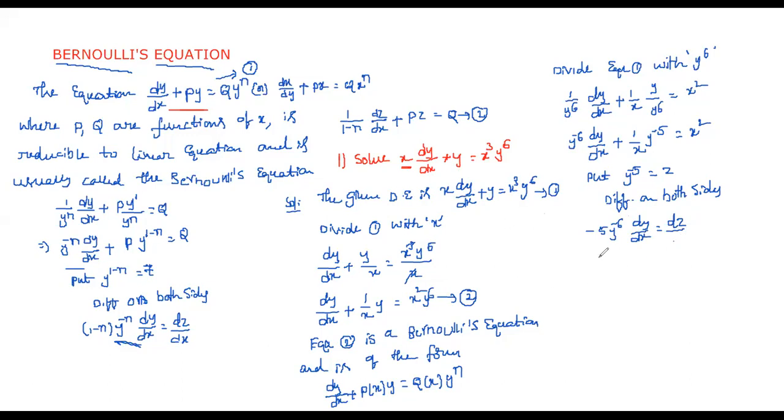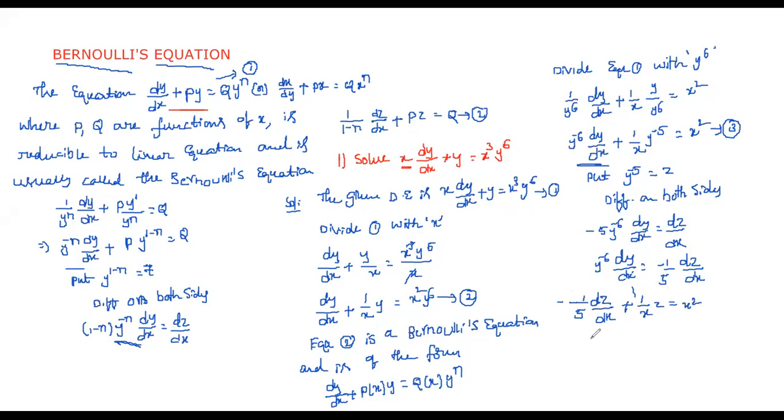So y power minus 6 dy by dx is equal to minus 1 by 5 dz by dx. Now you can substitute all these things in; if you want, you can name it equation 3. If you substitute, y power minus 6 dy by dx is nothing but minus 1 by 5 dz by dx, and next, plus 1 by x into y power minus 5, which is nothing but z, is equal to x squared.